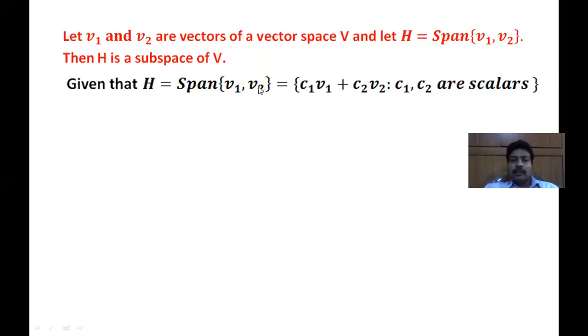Span of V1, V2 is named by H. And we know the definition of span of V1, V2. That is the set of C1 V1 plus C2 V2 such that C1, C2 are scalars.